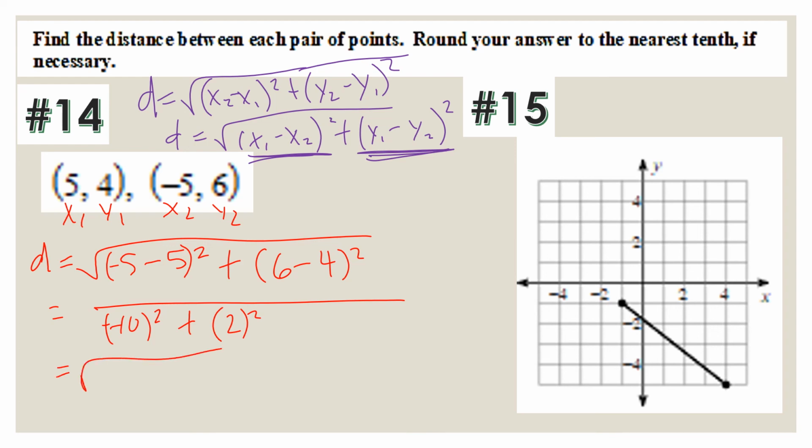Negative 10 squared, whenever you're doing a negative times a negative, you get a positive. So it's positive 100 plus 4. 100 plus 4 is 104, and remember you need to put it into your calculator here. The square root of 104 is 10.2.